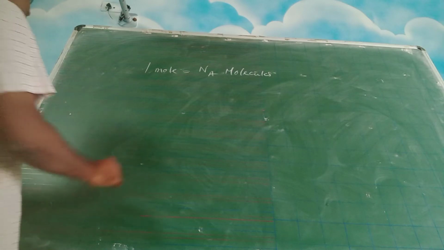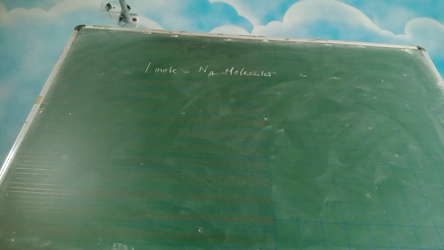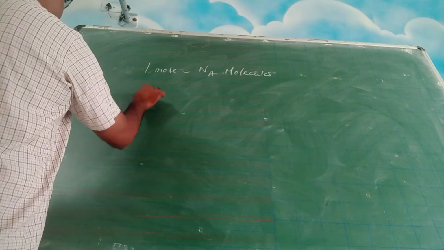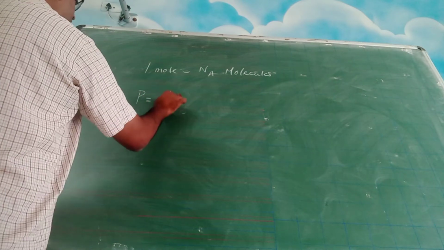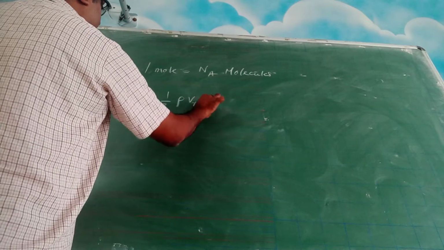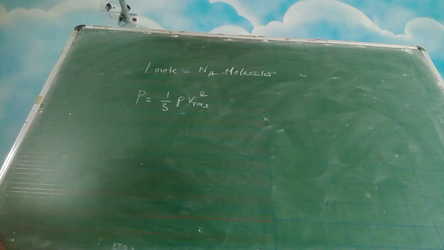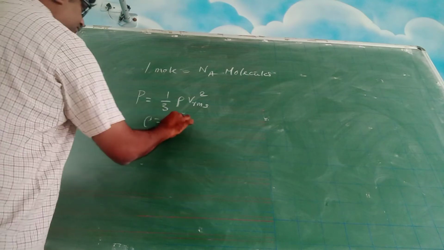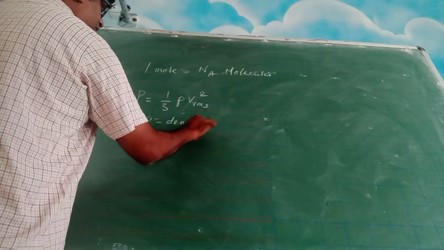In the last class, we have seen the expression for pressure exerted by the gas molecules on the walls of a container. What was the expression? P is equal to 1/3 rho V RMS square, right? Rho is the density of what? Gas.